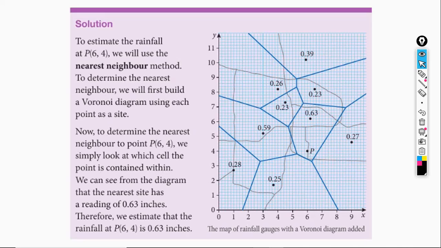And point P is right here, which is in the cell that contains this guy here. And that site is 0.63. So that would mean that we could estimate that for site P, the rainfall would be 0.63 inches.